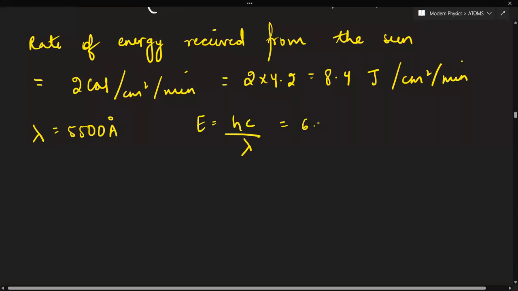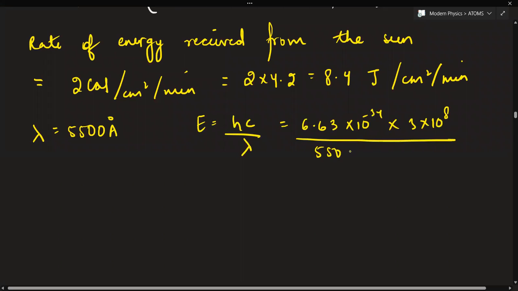H is 6.63 into 10 to the power minus 34, c is 3 into 10 to the power 8, divided by the wavelength 5500 into 10 to the power minus 10 meter. If you solve this, you will get 3.6 into 10 to the power minus 19 joules.